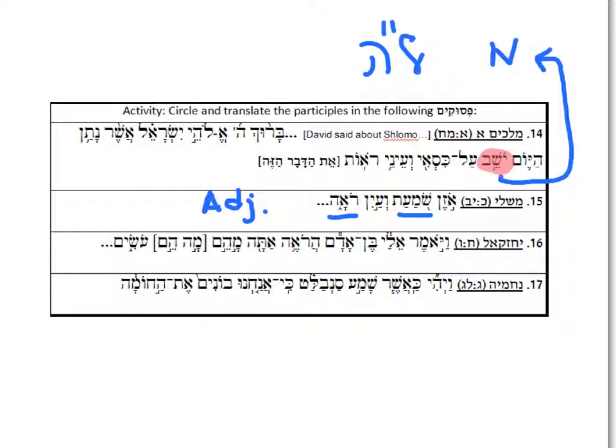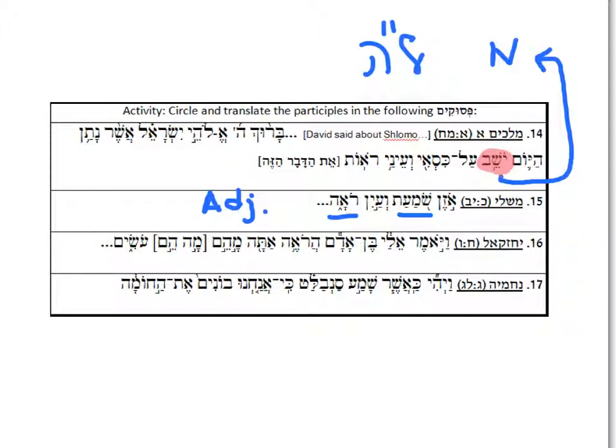It rhymes with shomer. So that Hashem gave today. So it's a noun. When we're dealing with participles, a noun is the person who does the action. So it's a sitter, someone to sit, al kisi, on my chair, but this is a king, so it's on my throne.